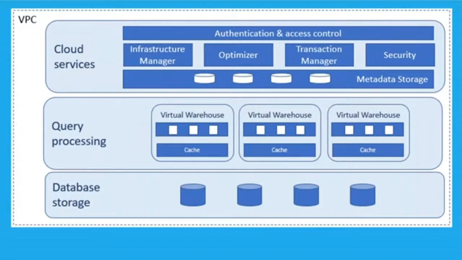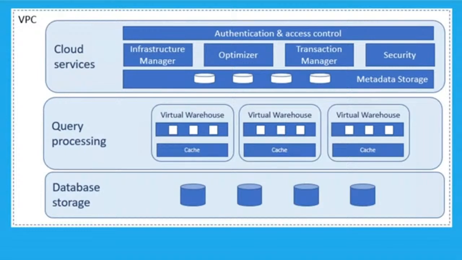In the query processing layer, virtual warehouses are the hardware component which processes the request. In your traditional database or data warehouse, you have CPUs, memories and everything. This is also like that: a virtual warehouse is the hardware resource in your Snowflake.